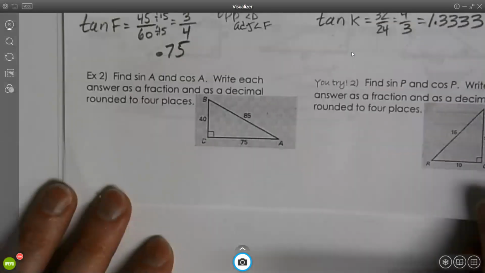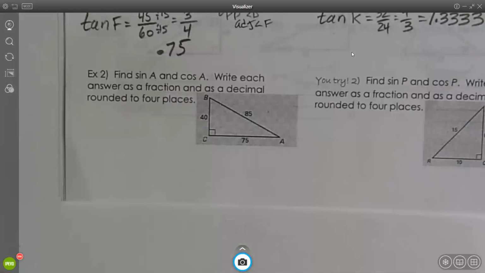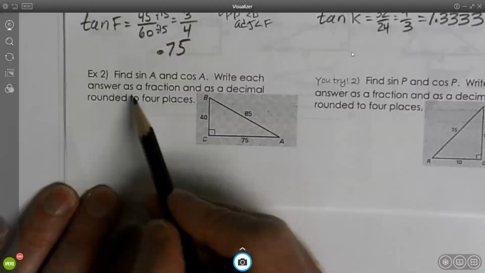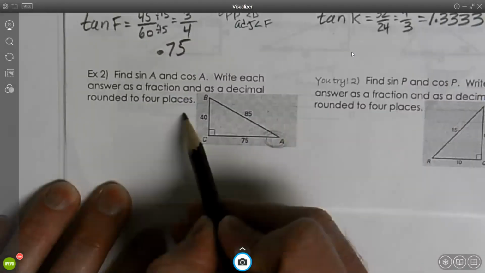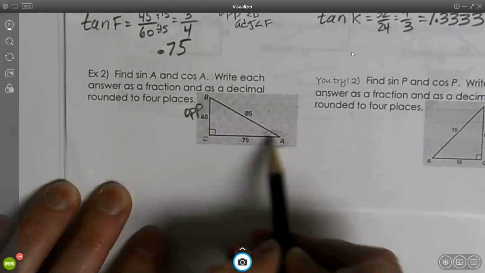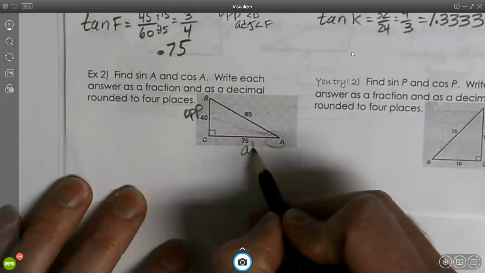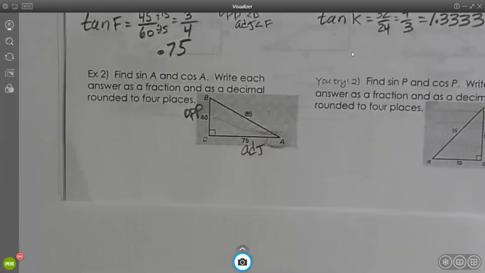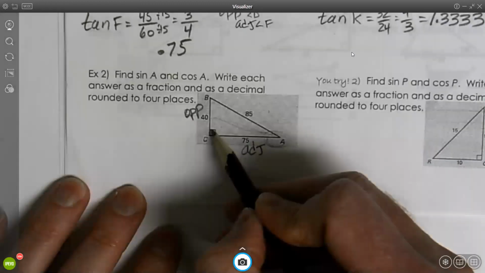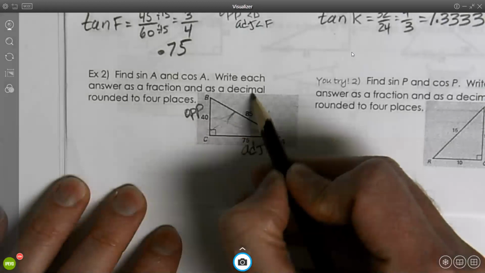So the sine of A. Well, from the A's point of view, the opposite is across from the A. The opposite side does not touch the A at all. The adjacent side does touch the A, and the opposite to 90 is the hypotenuse.